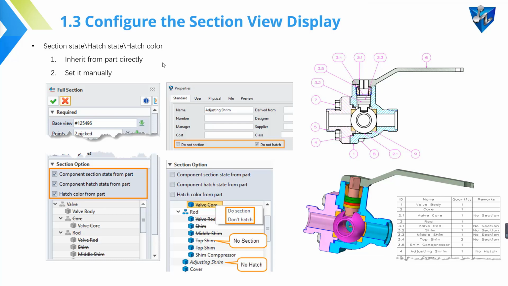There are two ways to make the configuration. One is to inherit from the part directly, so you can check the part attributes in the properties window, like the section state and hatch status. Another way is to set it manually. So let's check it out inside the software.